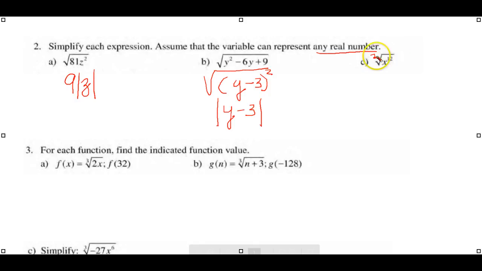Now, whenever you're asked to do something like this and you're wondering, take this index number and put it under the 12. So we have 12 divided by 2, which will give us x to the 6th. Now, for some reason, they're not putting the absolute value bars there. And again, that's a little tricky.